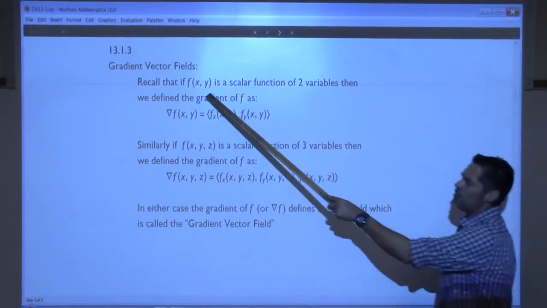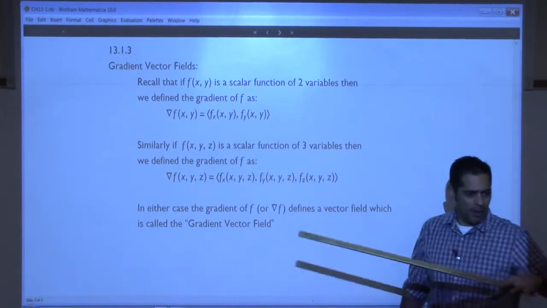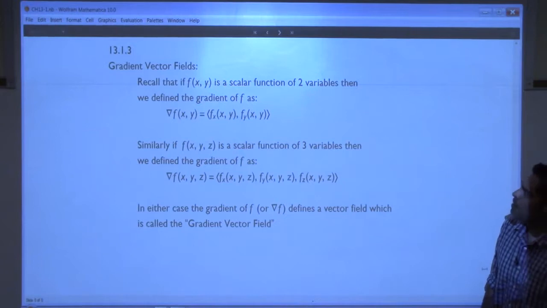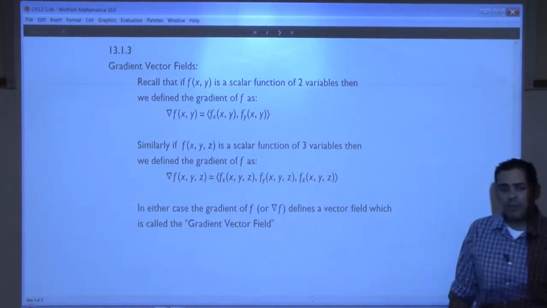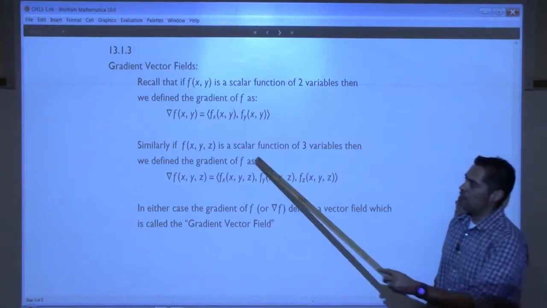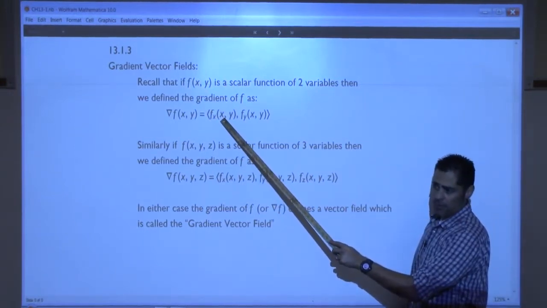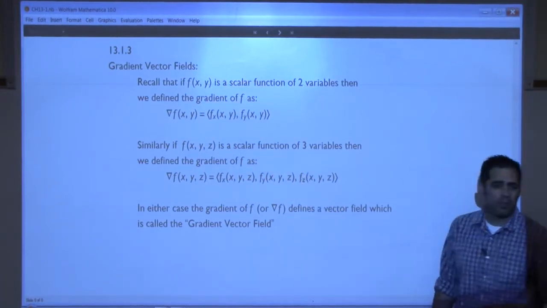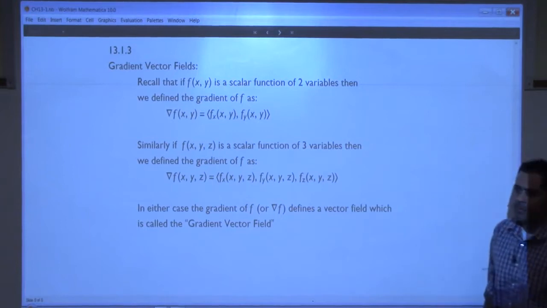If I graph a scalar function, what does it usually draw? A surface, right? In three-dimensional space. So if I take this surface and I ask you for its gradient, you're going to create a vector which is going to be the partial derivative of this with respect to x. That's the first component. Second component is the partial with respect to y. And we'd use this little notation right here, right?